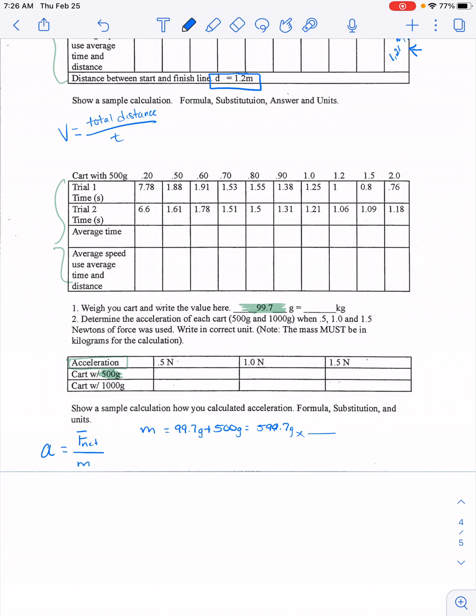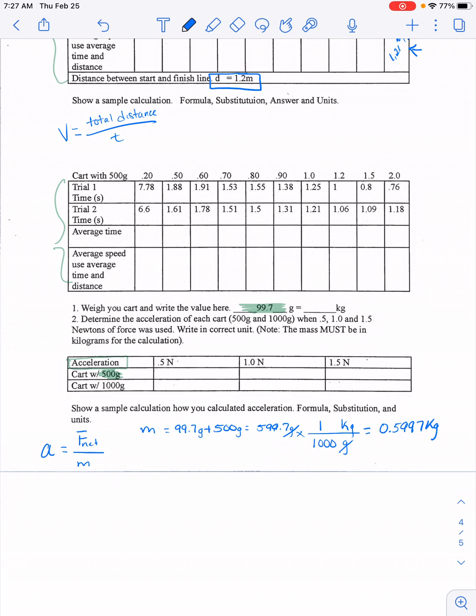So we need to convert, and remember, if I wanted to use a conversion factor, grams would go on bottom, kilograms would go on top. We know 1 kilogram is 1,000 grams. And so here, the mass is going to be 599.7 divided by 1,000, which is 0.5997 kilograms.